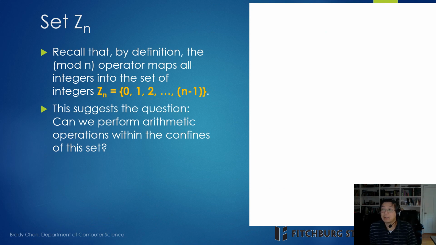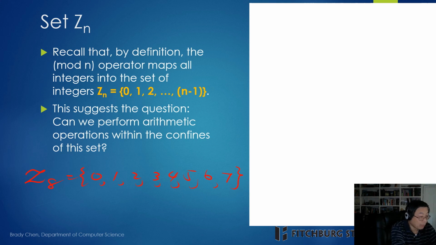Now, we know that by definition, the modulo n operator maps all integers into the set of integers we call Zn. Zn is a set of all the integers from 0 to n minus 1. For example, Z8 is a set of integers 0, 1, 2, 3, 4, 5, 6, 7, which is actually 1 less than 8. Why?